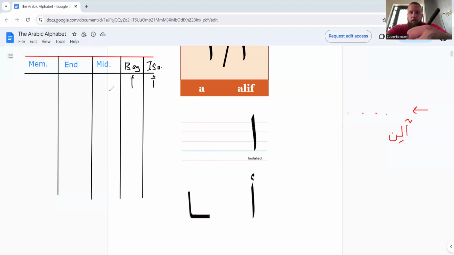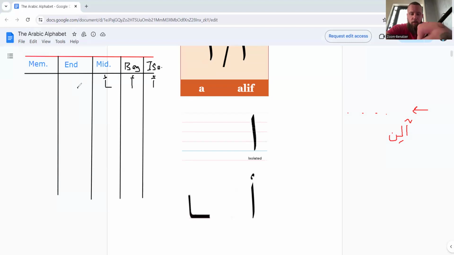It's in the middle of the word, so it needs a connector. So we add a connector like this, and then we go up. Let's leave a small space between the hamza and the alif. And the end is the same.